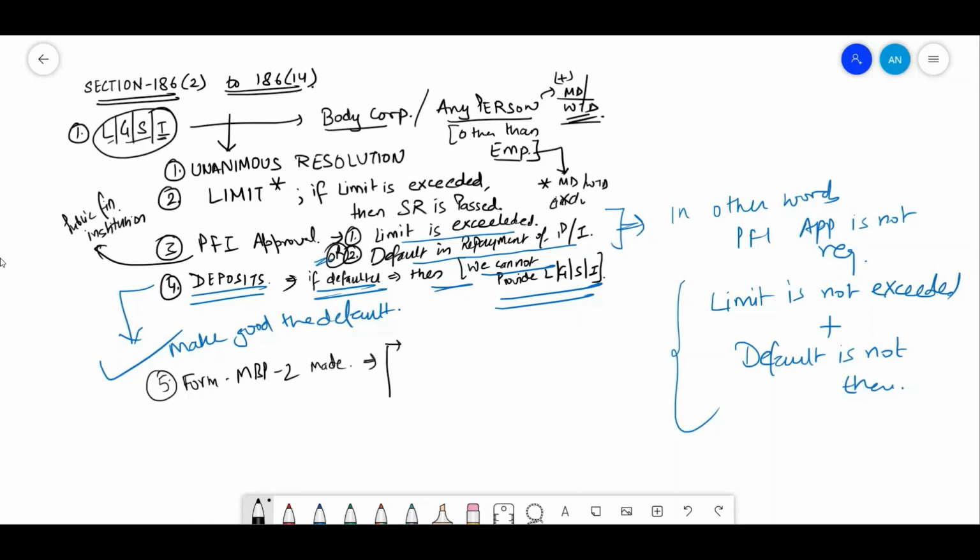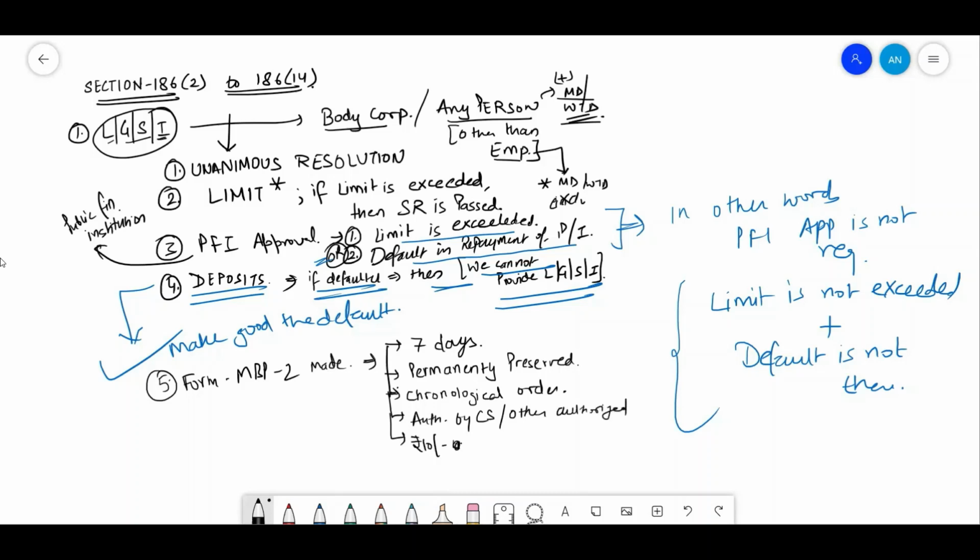Here there are a few things: within 7 days the same has to be filled and shall be preserved permanently. The third part was in chronological order and authorized by the CS or other authorized person. And the members will be charged a maximum of rupees 10 per page.